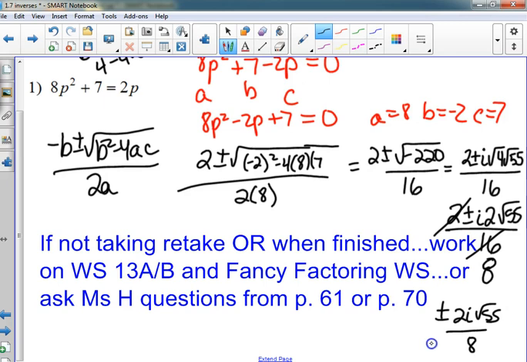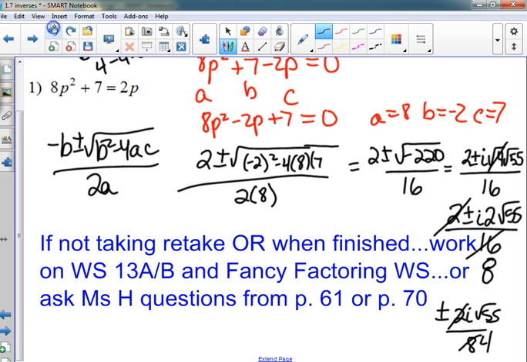Guys, no. I did that because I was reducing this to a 2. But can I now do this? So I just get plus or minus i square root of 55 over 4?